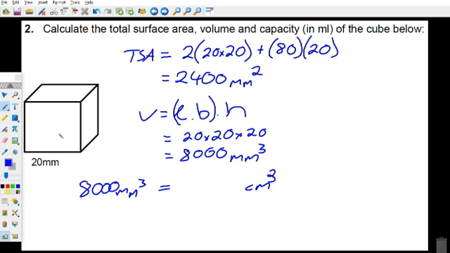Exactly. So we're going to divide by 10. But now why are we going to cube the conversion? Because we're talking about it in terms of volume. Okay. So we're going to end up with 8 centimeters cubed. Now, what's the conversion for centimeters cubed to milliliters? It's a 1-to-1. So it's just going to be 8 milliliters.